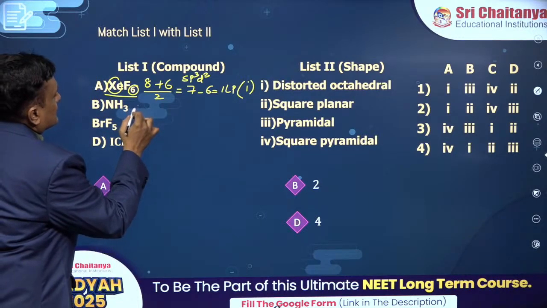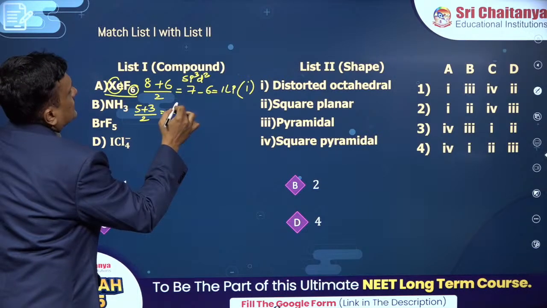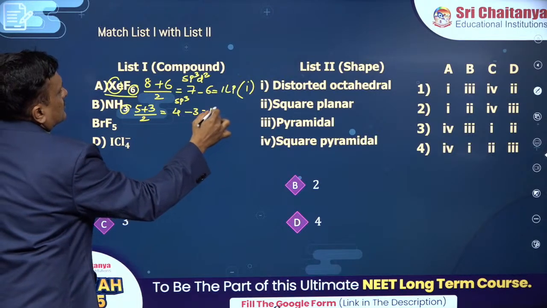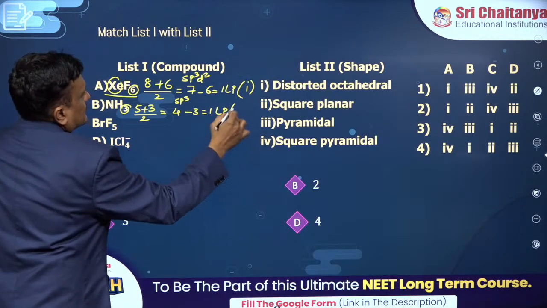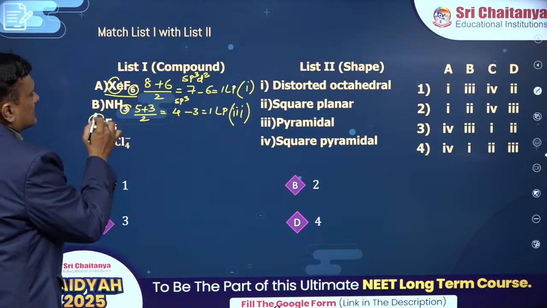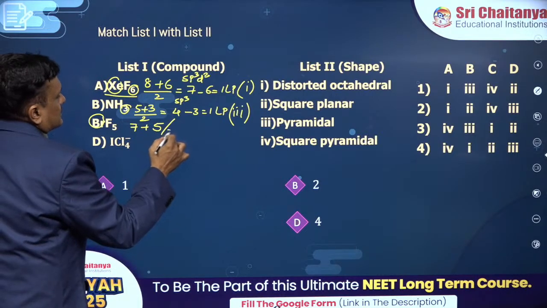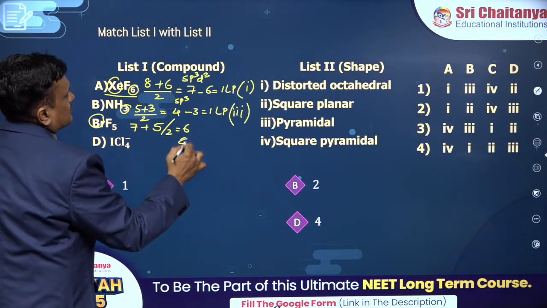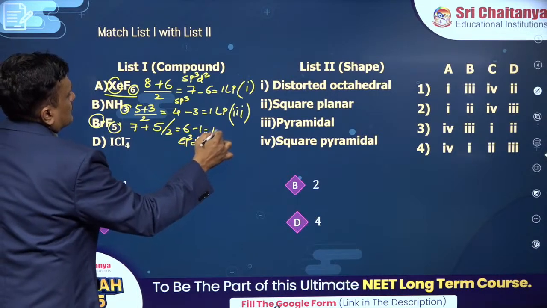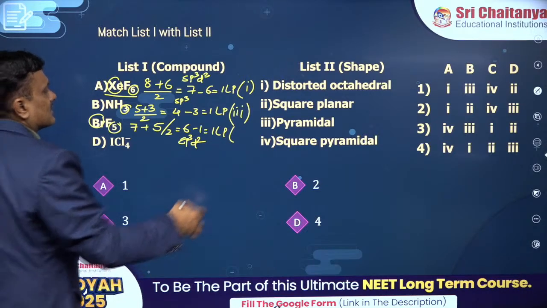Ammonia: valence electrons plus hydrogens, by 2, gives 4, so hybridization is sp3, minus atoms attached 3, that means 1 lone pair, and it is pyramidal. Alright, BrF5: valence electrons of halogen plus 5 halogens attached, by 2, gives 6, so hybridization is sp3d2, minus atoms attached 5, that is 1 lone pair, so geometry is square pyramidal.